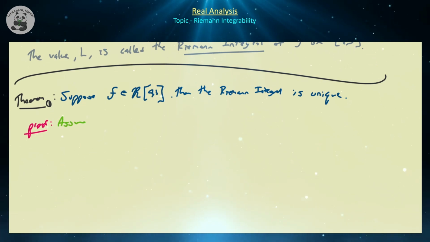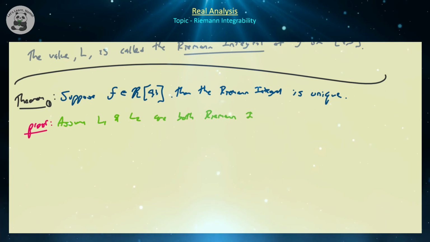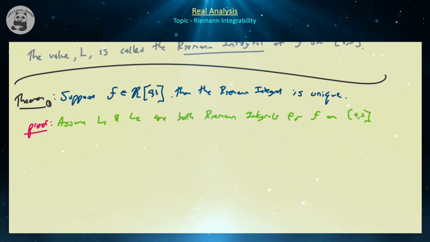So let's assume that L1 and L2 are both Riemann integrals for f on AB. And obviously we're going to be letting epsilon be greater than 0.